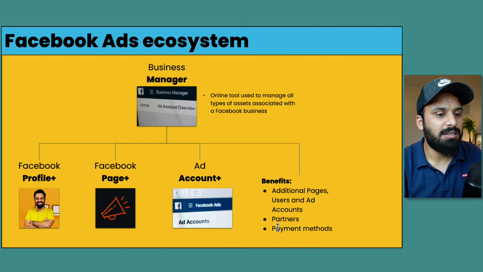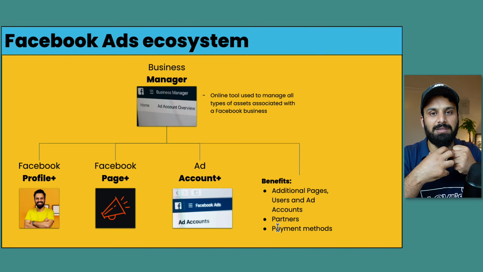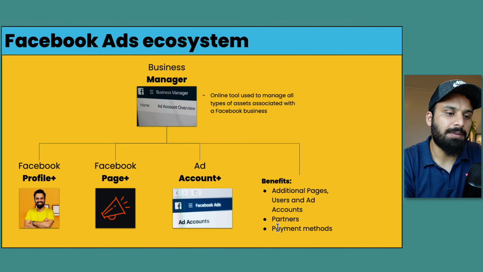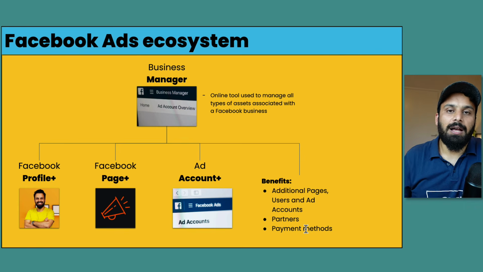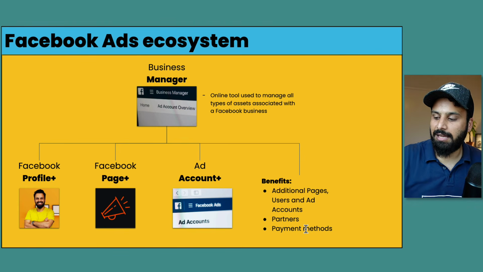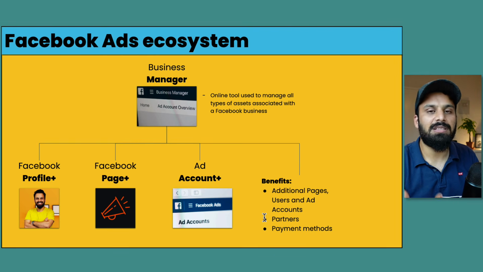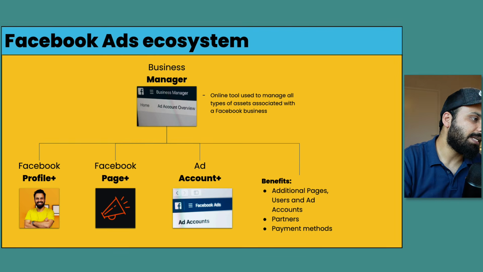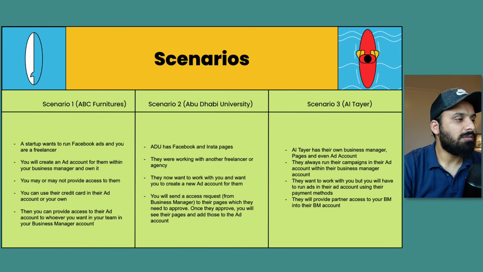You have partners, which I told you. So a business manager account's access to your business manager account is called partner access. And you have different payment methods. So let's say your company has 2 credit cards, you can add them and choose, okay, for this client let's use this credit card, and it will be saved only once in your business manager account and you can use that. So I hope this is clear, and if it's not, watch it again.